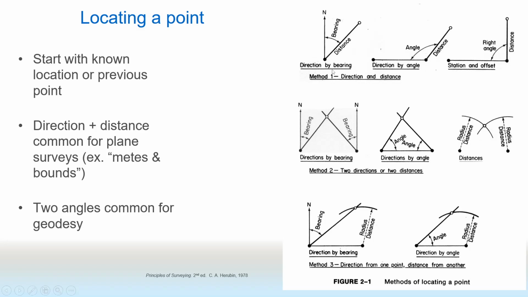First of all, polar coordinates, using direction by bearing, using direction by angle, and station and offset, using a right angle of 90 degrees. Another option is direction plus distance, common for plan surveys.